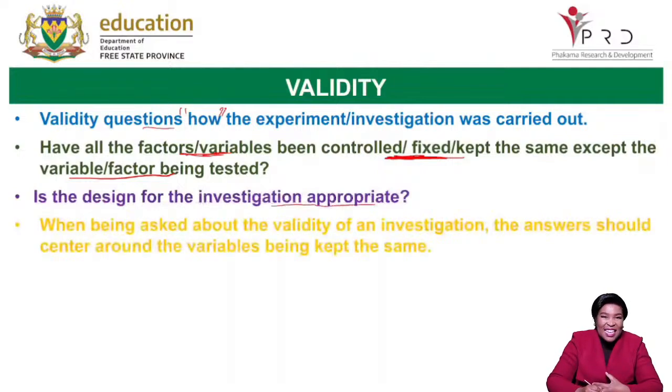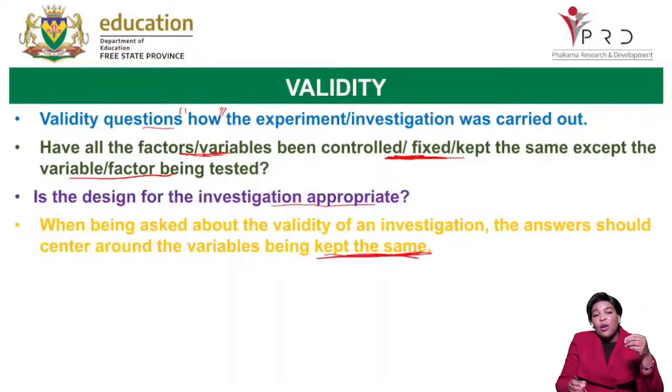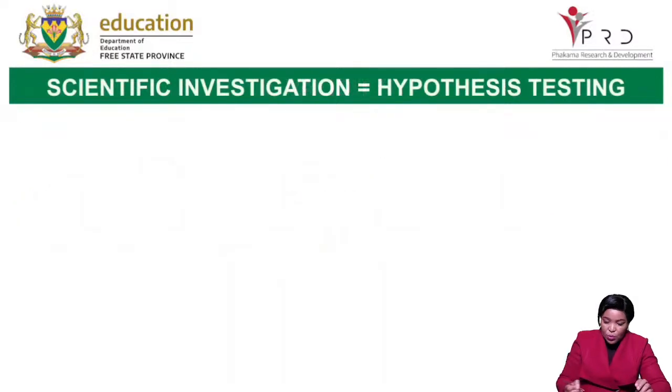This is answering validity. Also, when being asked about validity, you must answer around the variables being kept the same. You remember that one of constant variables. So validity deals with constant variables. You will talk about those variables that must be kept constant in the experiment throughout.